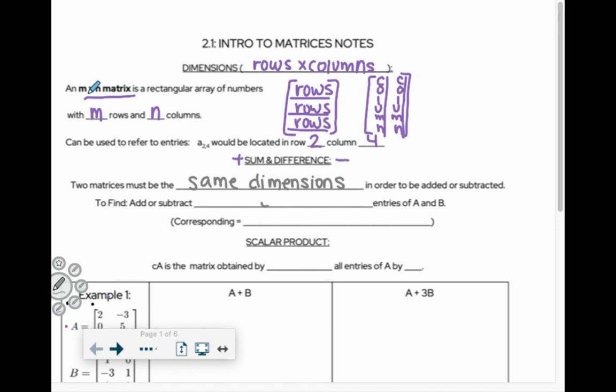So if one of them has 2 rows, 4 columns, in order to be added together, you must add it to another one that has 2 rows and 4 columns.